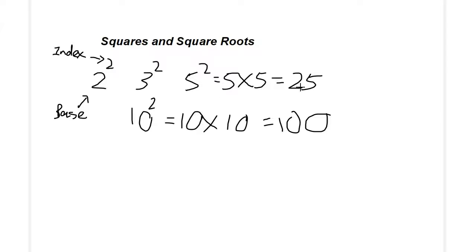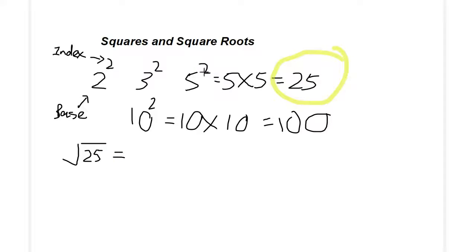So let's say we want to find, since there are some examples here, let me use 25. The square root of 25 looks like this. So what does the square root of 25 equal?